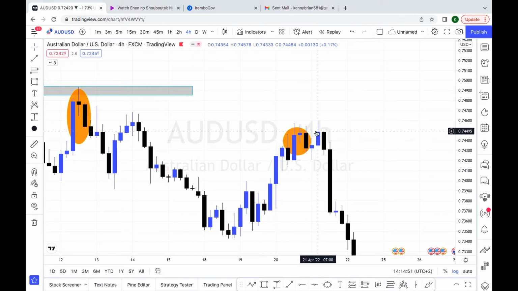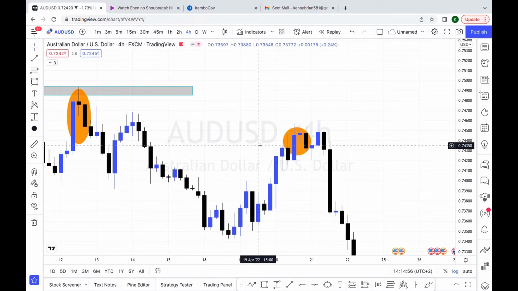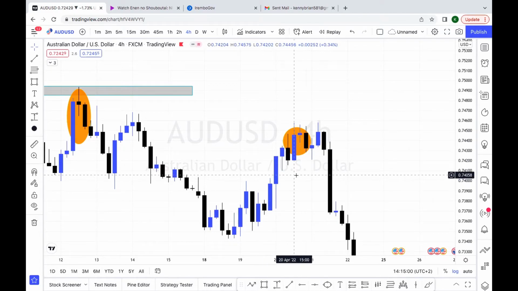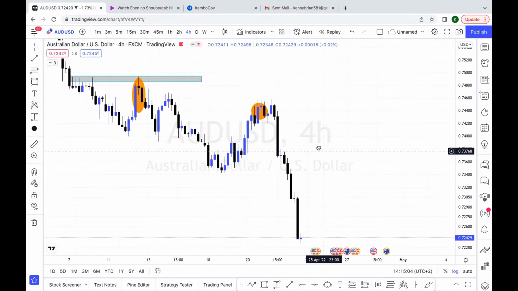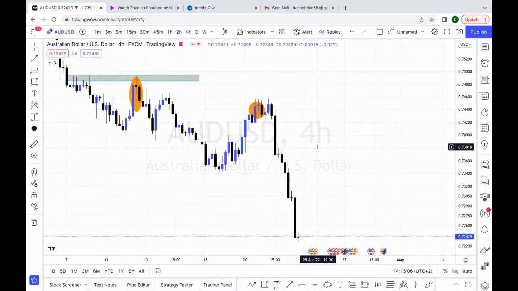And then after that, the third candle we got was a bearish candle, which got to the 50% of the big candle, thus making price go lower. I hope you guys are getting it.